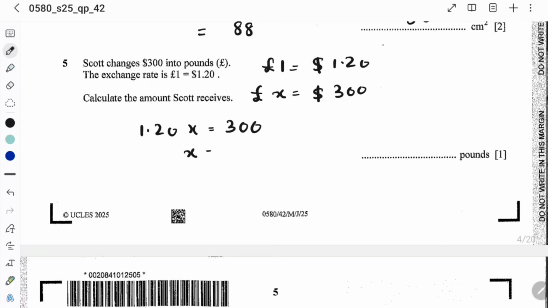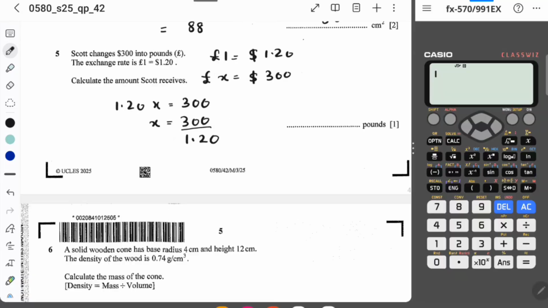The answer will come in pounds. So 300 divided by 1.20. Just use your calculator and find your answer. So that is 300 divided by 1.20, and that is equal to 250 pounds is the answer for this question.